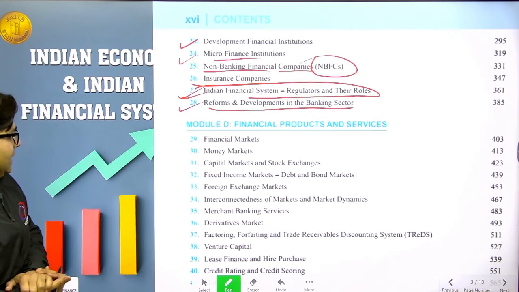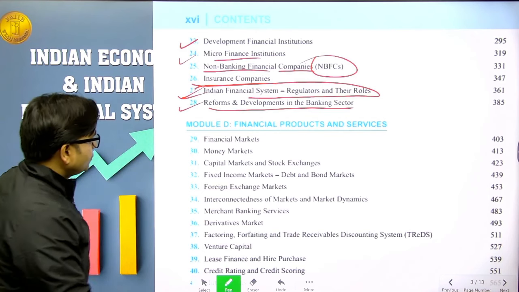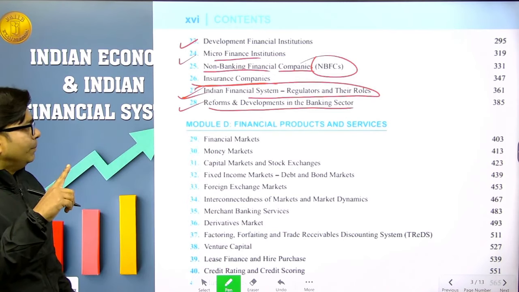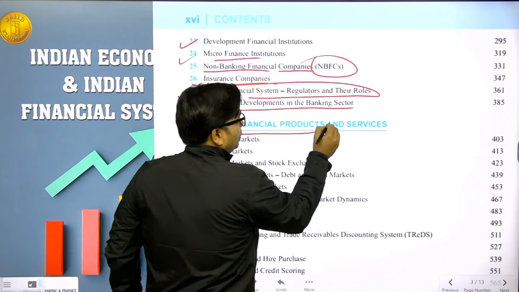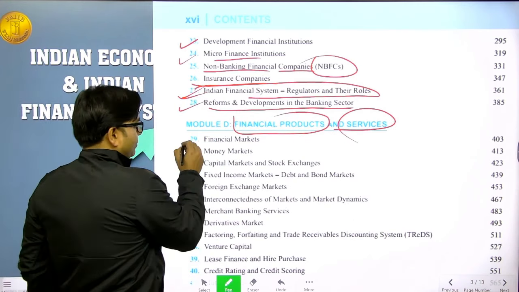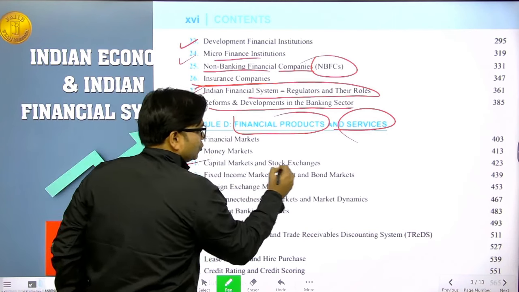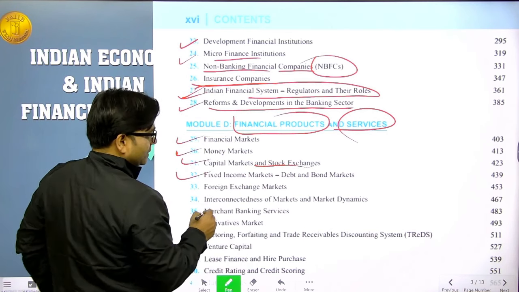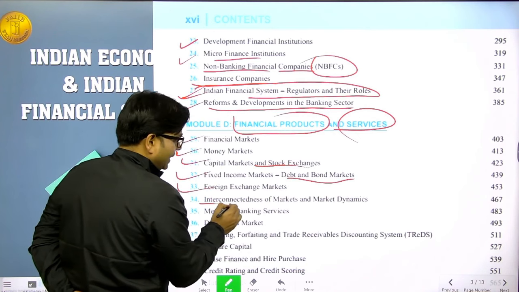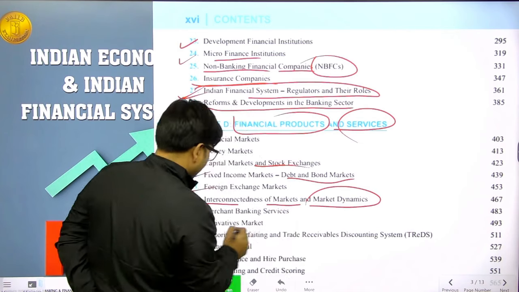Now Module D, if you look at Module D, it has the topics from Module A of Principles and Practices of Banking, financial products and services. You remember, here you have to study the financial market, money market, capital market and stock exchange, fixed income, debt and bond market, foreign exchange market, interconnectedness of markets and market dynamics.